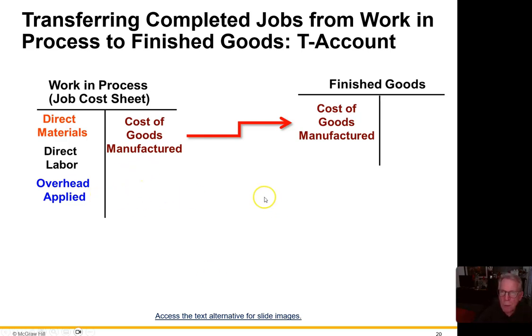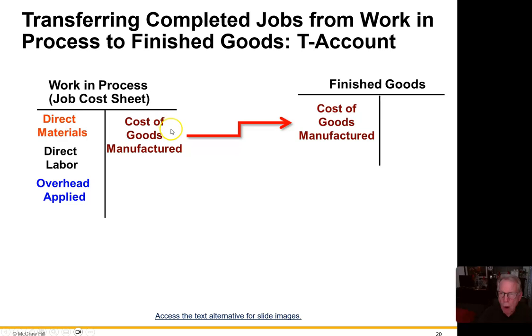So now, after we have completed those jobs, this has always been a little bit confusing to me because there's other costs in work in process other than the ones that result in completed costs.